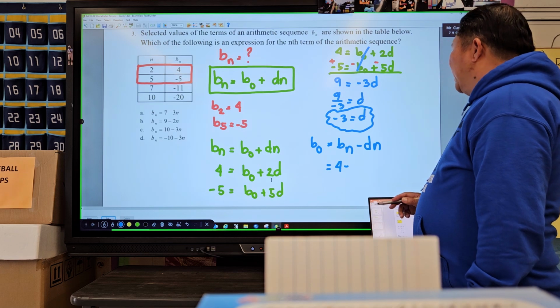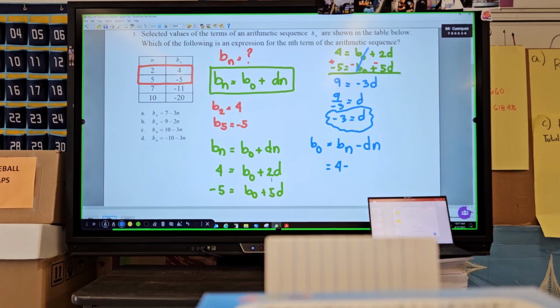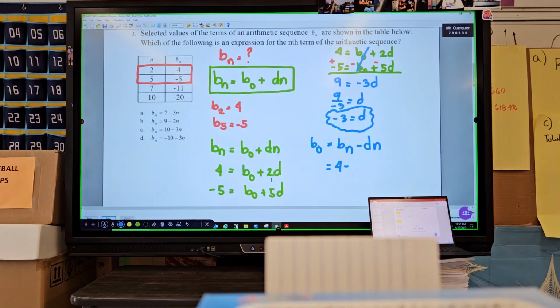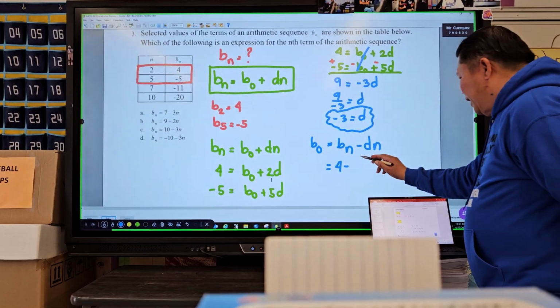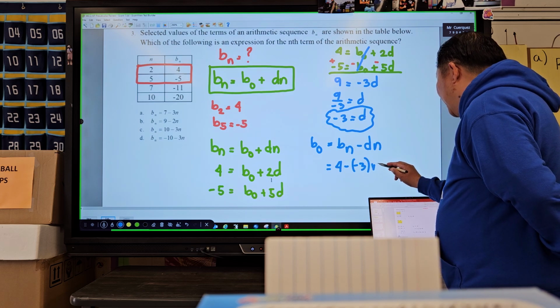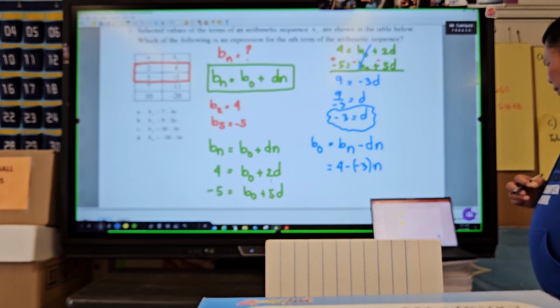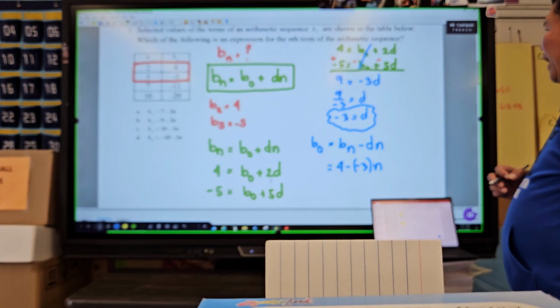Okay, so we say 4 minus, what is d? Do we have d? Negative 3. So d is negative 3 times n. Okay? So, but what is n?